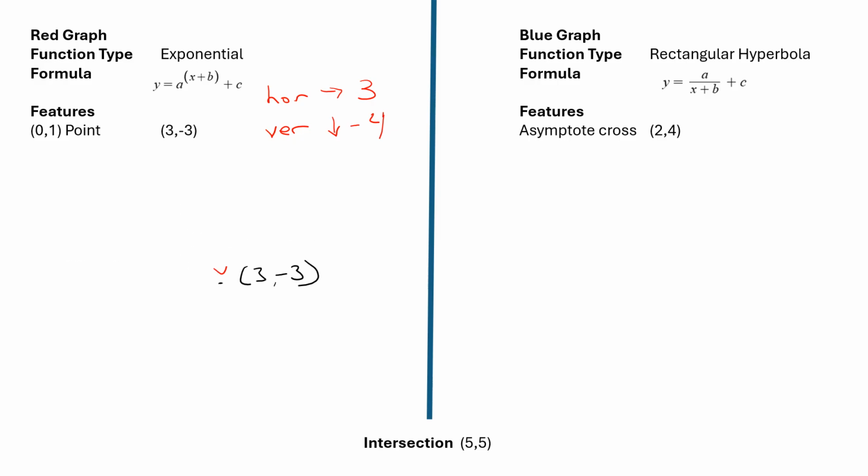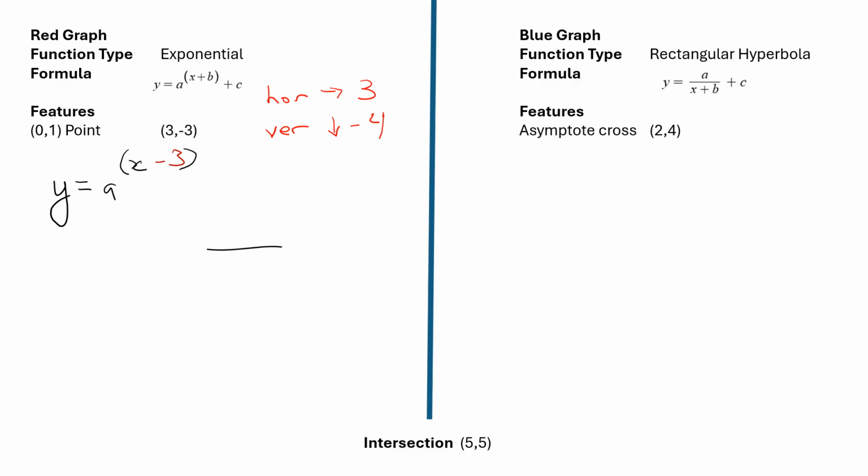So let's get rid of this junk here again. Now that we've got that, I'm going to go y equals a to the power of x, and we want to have a horizontal shift of 3. In this case, it's going to be -3 because the horizontal shift always works in the opposite way that we think it should.